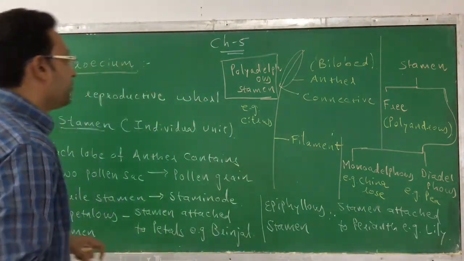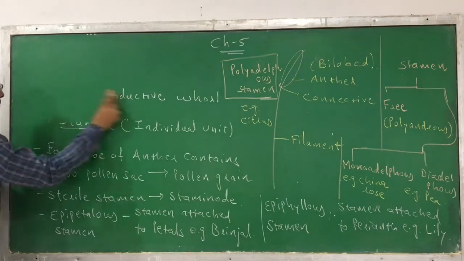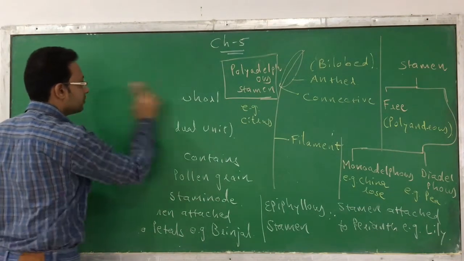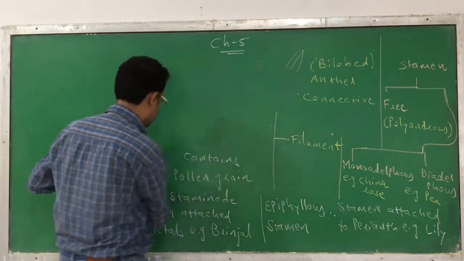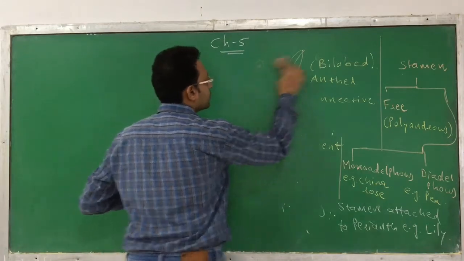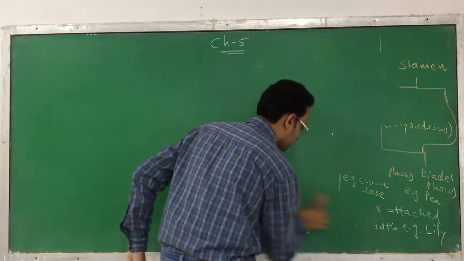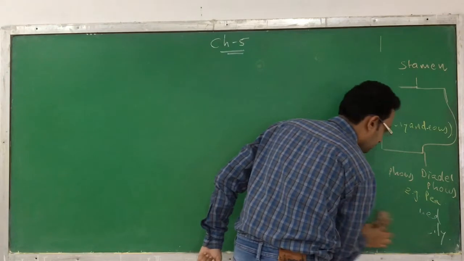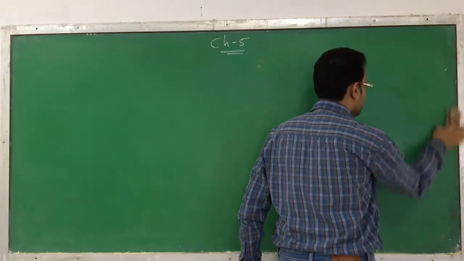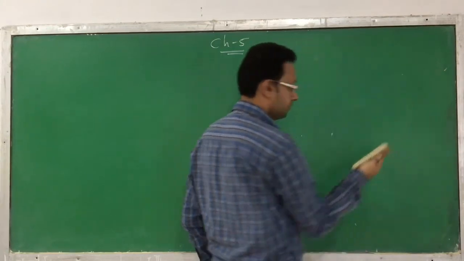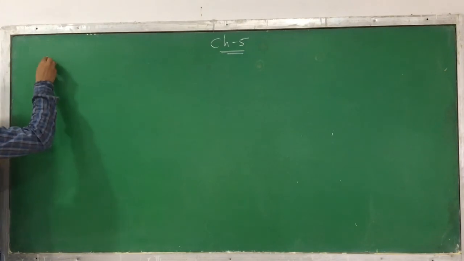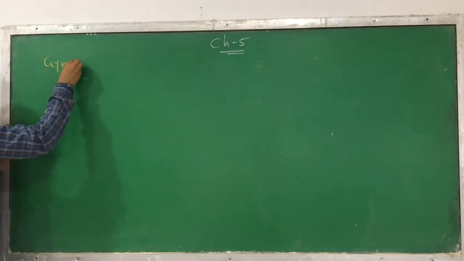So let's start with the fourth whorl, which is called the Gynoecium.